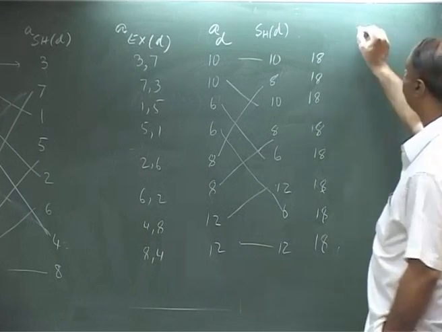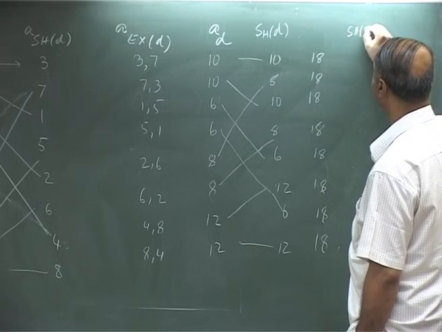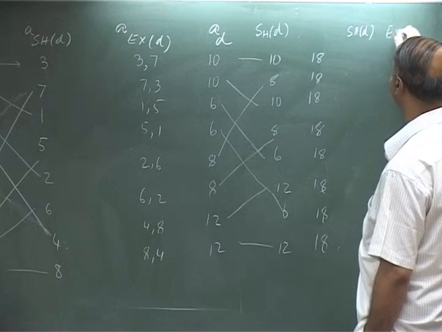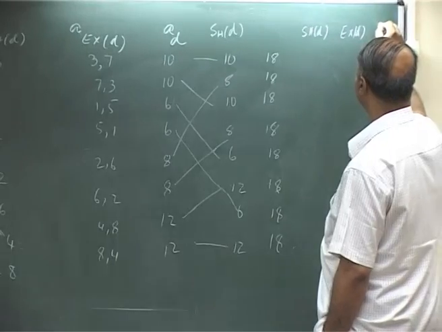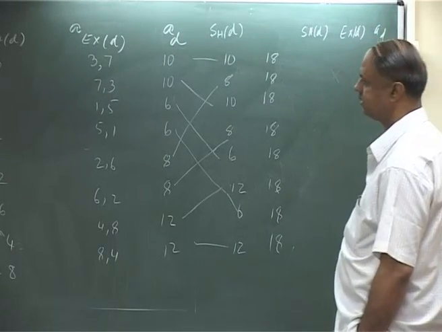Then you get the shuffle of D again, and then exchange of D, and after that if you add, you will get 36.